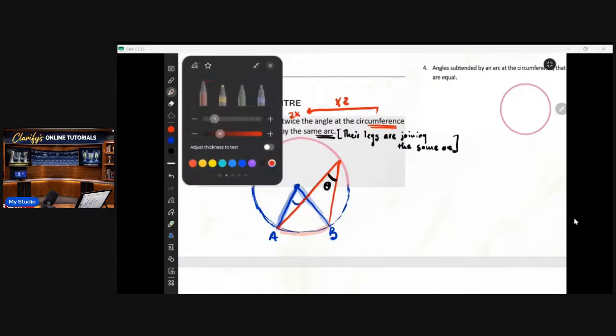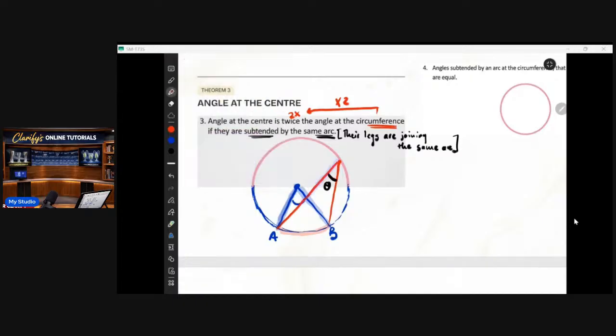What arc is making theta? You follow the legs. One leg goes to A, the other leg goes to B. So theta is being made by arc AB. What about the angle at the center here? It is being made by arc AB again because one leg is at A, the other at B.